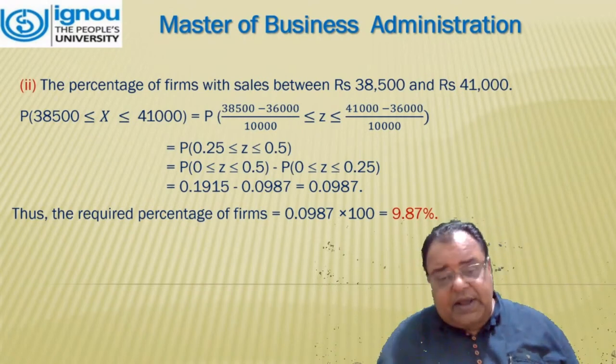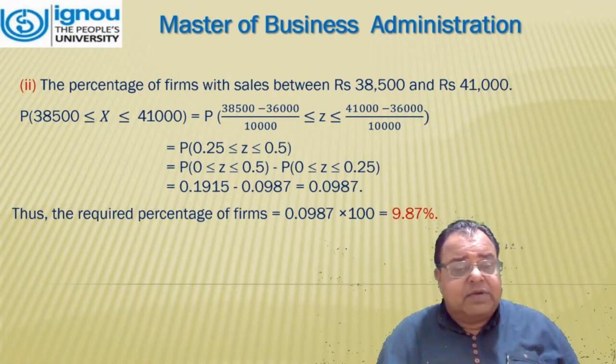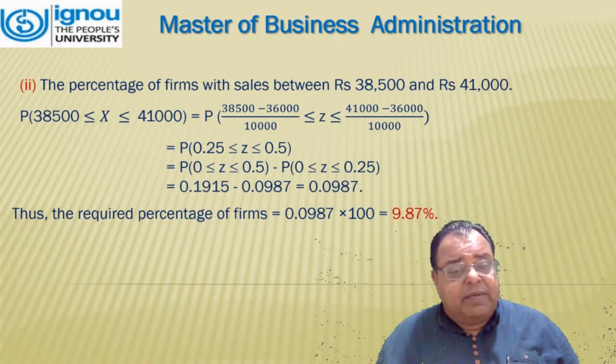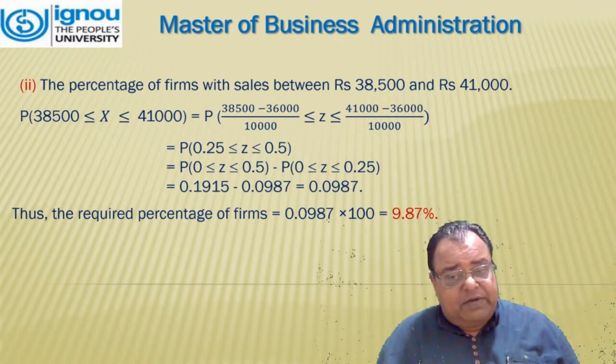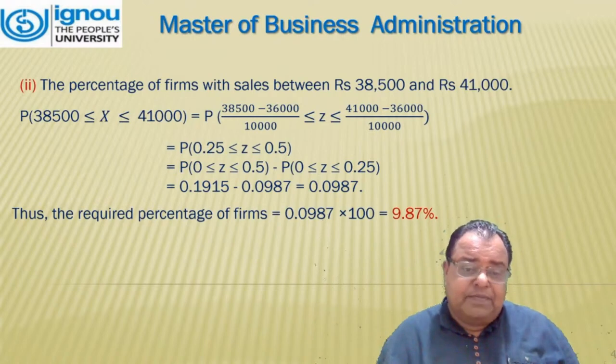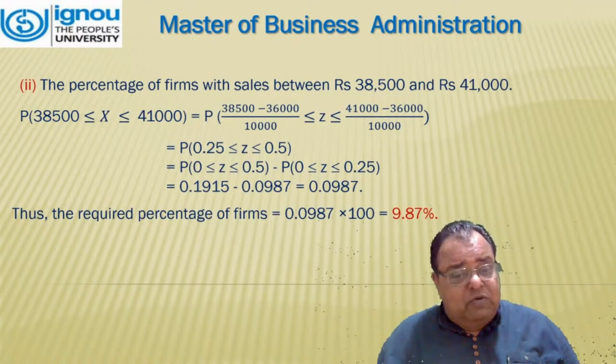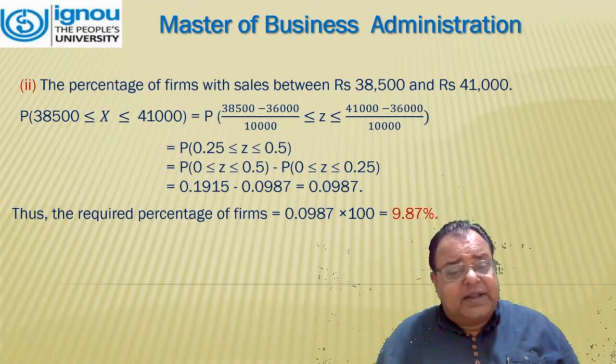And you will be converting this into the Z variate form, so it will be 38,500 minus 36,000 divided by 10,000, that is the standard deviation. And for 41,000, you have to write 41,000 minus 36,000 upon 10,000. After calculation, it comes out as 0.25 less than or equal to Z less than or equal to 0.5.